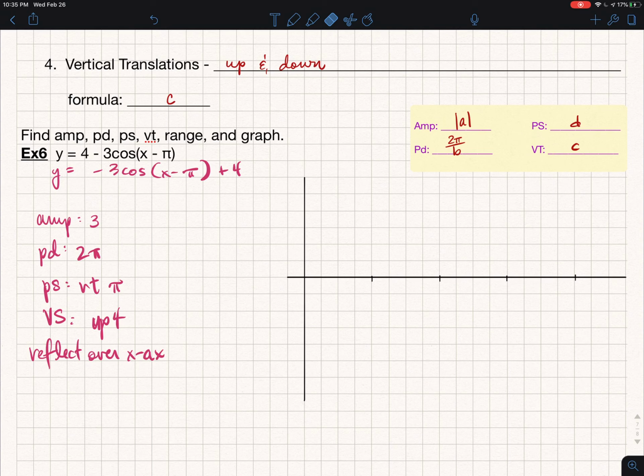Once again, I really only want to pay attention to everything except for the shifts first. I want to pay attention to the other 3 things. Let's think ahead. My ending value is going to be 2 pi, but then I need to move to the right, and on my graph I didn't give you enough space to move to the right.